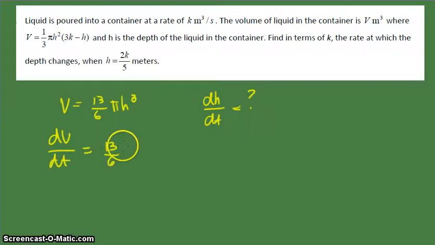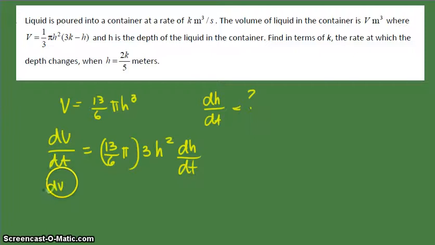So let me write that down: 13 over 6 pi times 3, like bringing down the 3, then h squared times dh over dt, same as implicit differentiation.